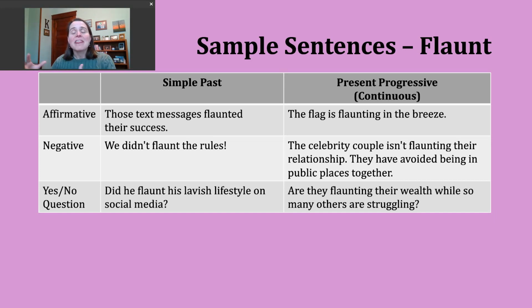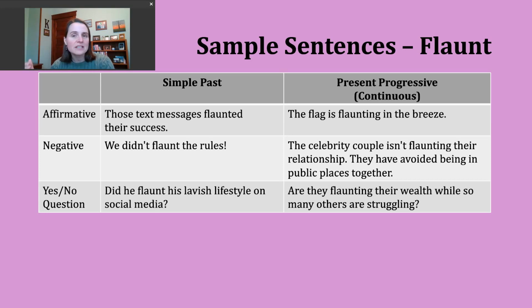Many times, the idea that the action is completed is implied as part of a longer conversation or as part of a longer text. The nice thing about making sentences in the simple past tense is that our structure stays the same no matter what our subject is. So, in the affirmative, we start with our subject.